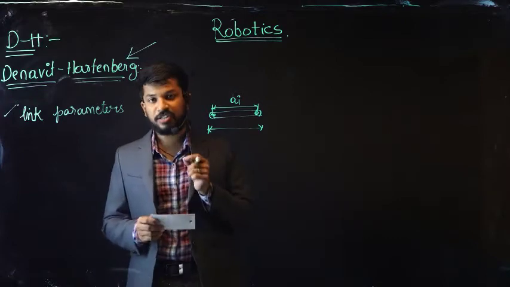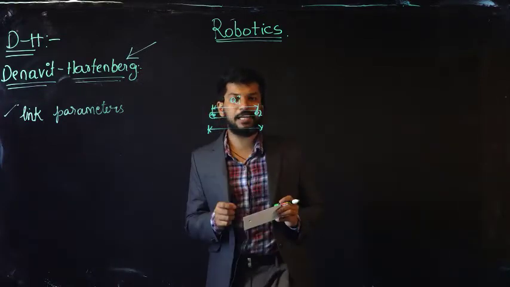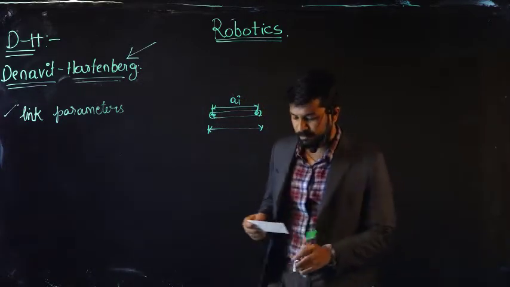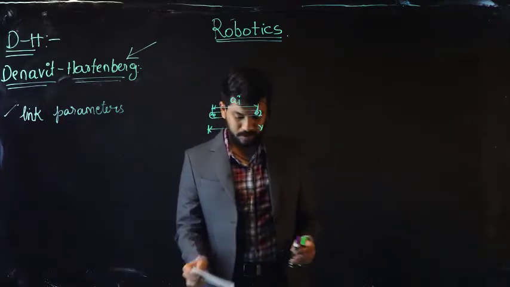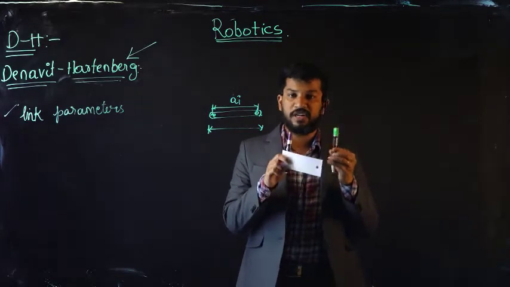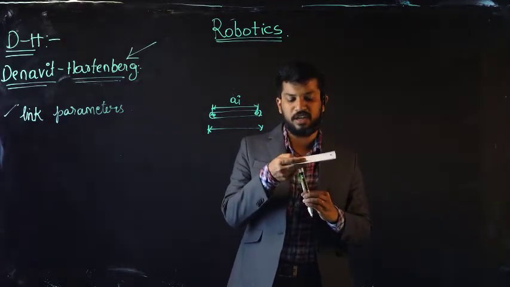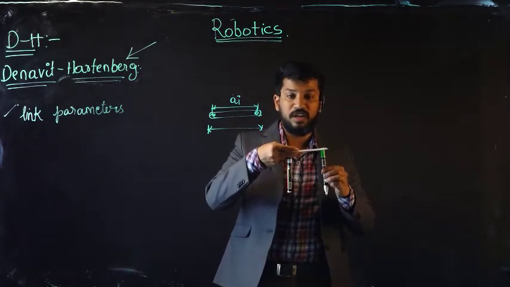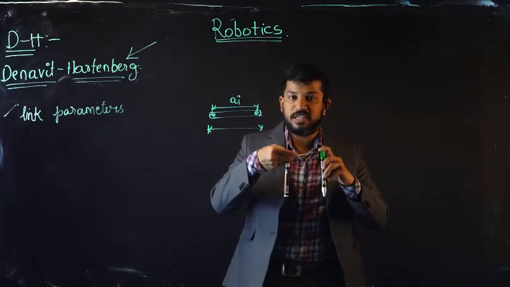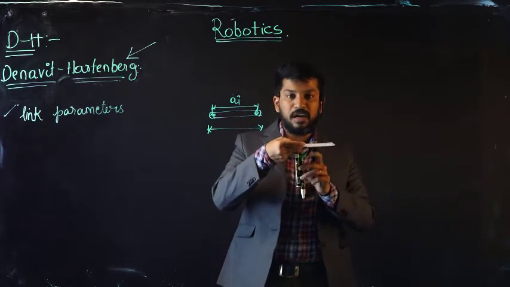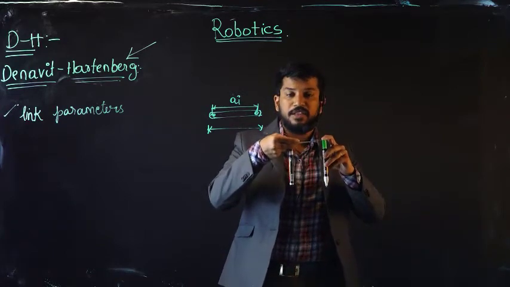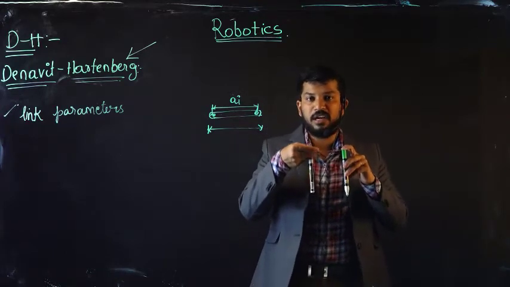But there are certain constraints you need to observe in how we calculate this link length. For example, consider these two as joint axes. Suppose one axis is somewhere over here, another axis is somewhere over here, but we need to be very conscious that the distance has to be measured perpendicular to these axes. Then only can we be sure that it is the link length.